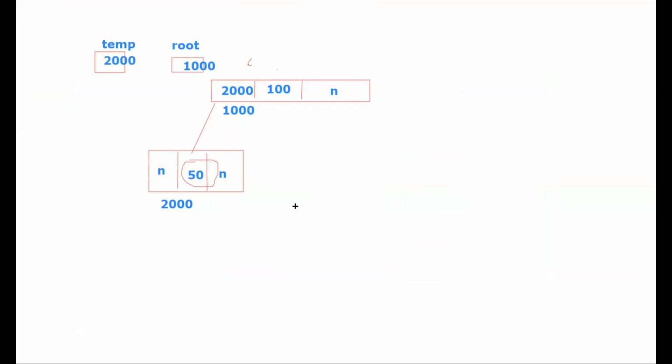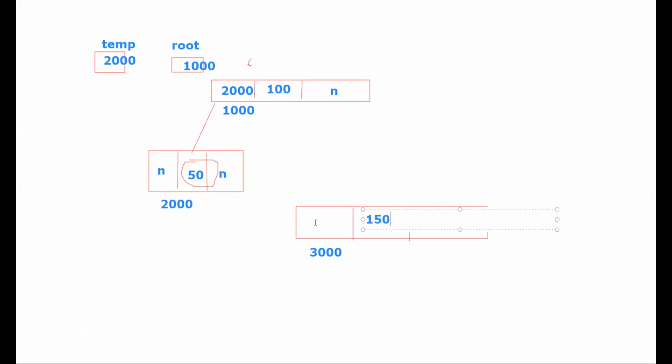You all know these things. A new node is created, and the new node's address is stored in this temp variable. So let it be 3000. You know that the address is stored.